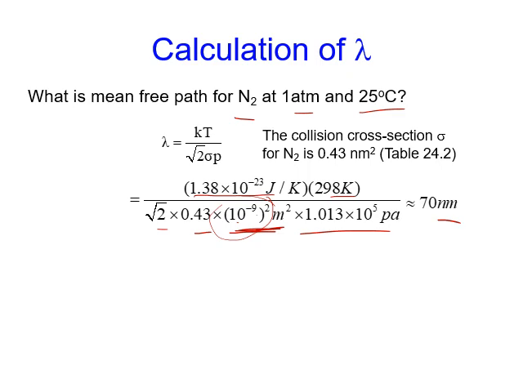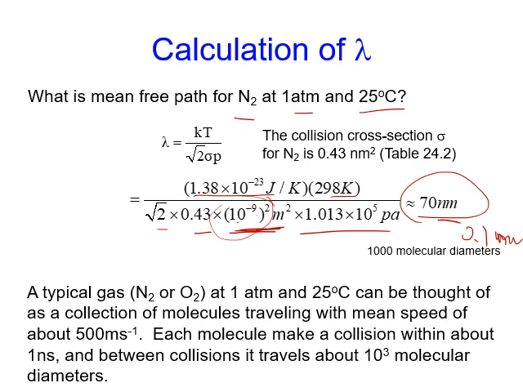Now, usually a molecule, for example nitrogen, is about the size of 0.1 nanometer. So mean free path is about 1,000 times the size of the molecule. It's 1,000 molecular diameters.